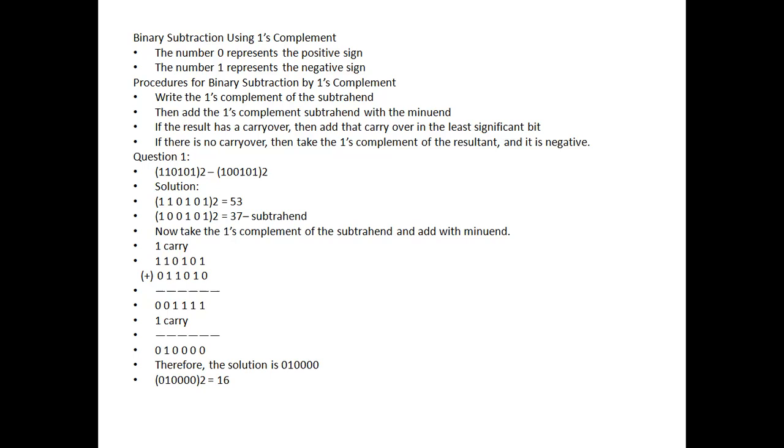See the example: 1 1 0 1 0 1 minus 1 0 0 1 0 1. The left side value is the minuend, and the right side value is the subtrahend. First step, take the subtrahend value and convert it into one's complement. After getting the one's complement, we add the minuend plus the one's complement value.